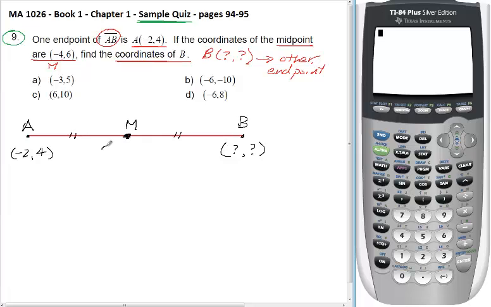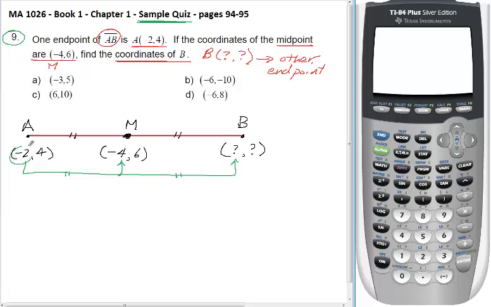The coordinates of M are (-4, 6). It's not drawn correctly on a coordinate grid, but we know this distance here has to be the same as this distance here.